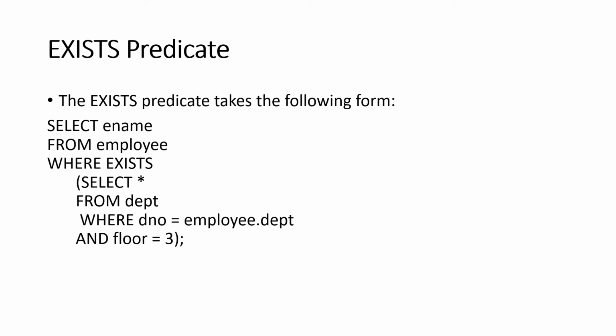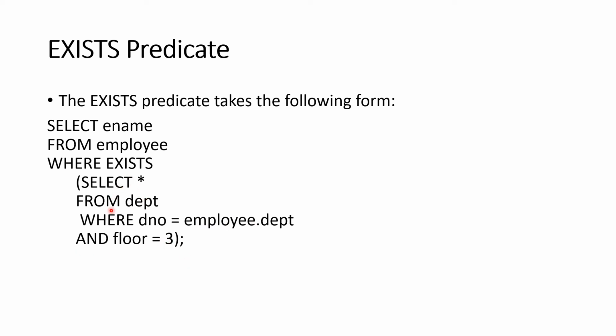Then next is the exists predicate. It means that if we want to check whether something exists or not, we can simply apply this query: select ename from employee where exists, and this is the subquery: select asterisk from department where department name is equal to employee dot department and floor is equal to 3.